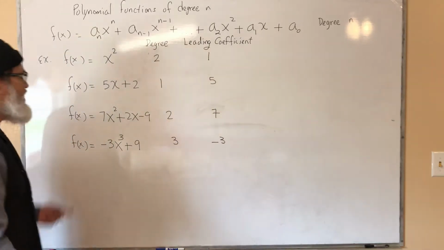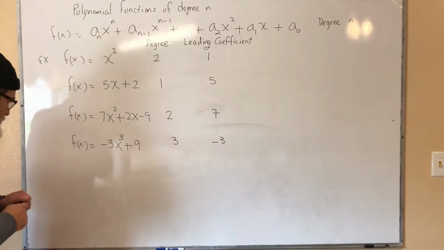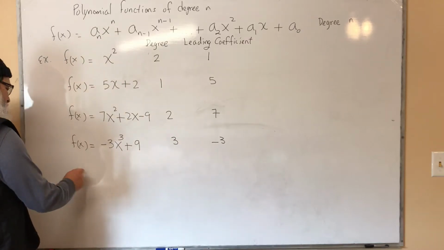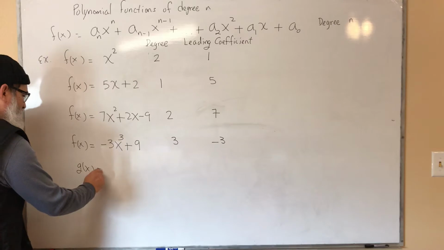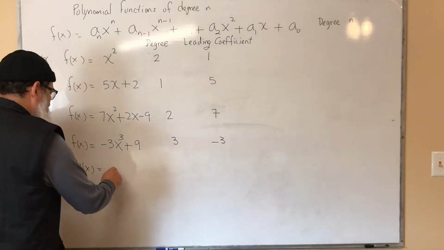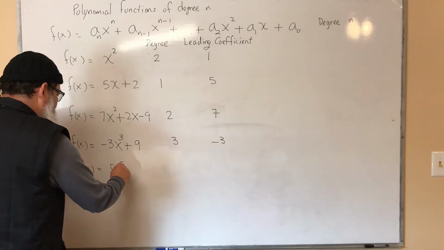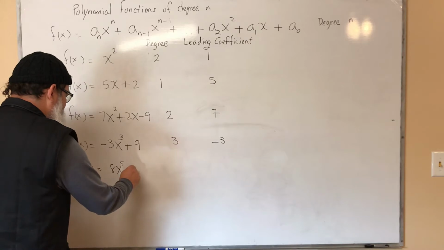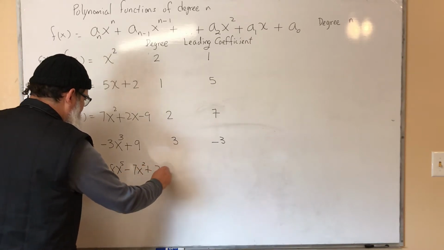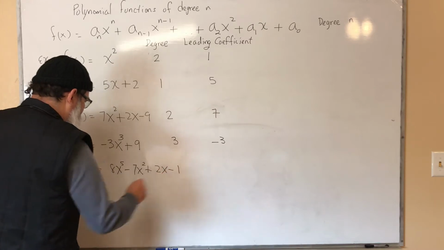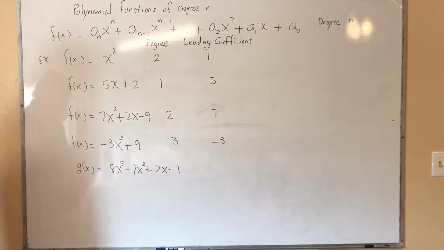Very good. You can have more. Okay, I'll give you one more. Let me call this one g of x. g of x equals 8x to the 5th minus 7x squared plus 2x minus 1. What's the degree?